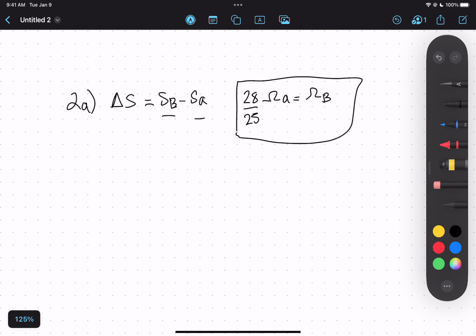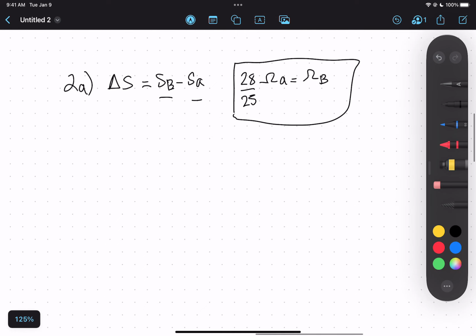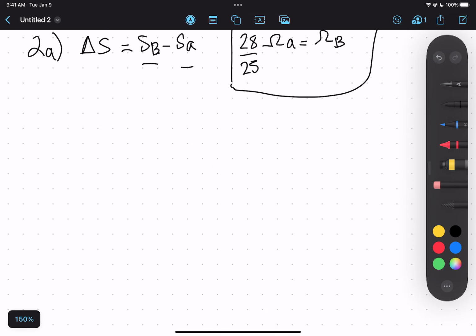Now, N. Let's say you know that your S is equal to k_B ln of your multiplicity.